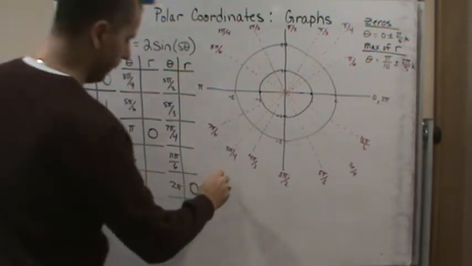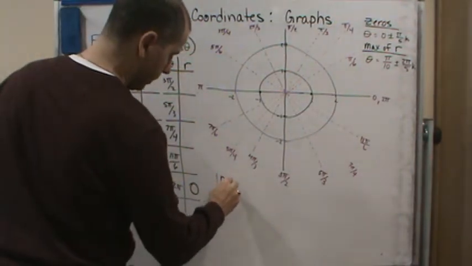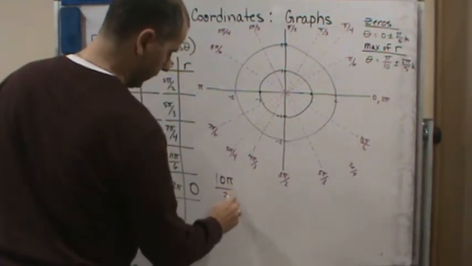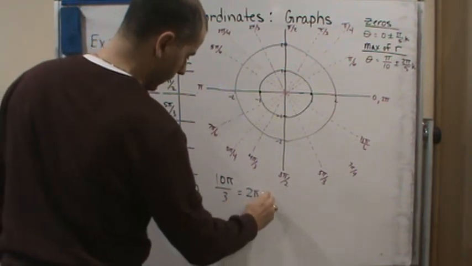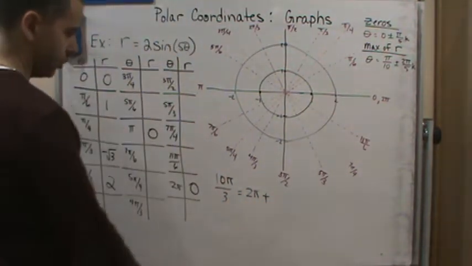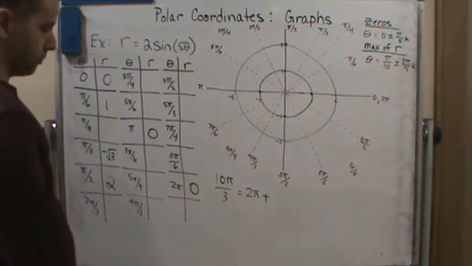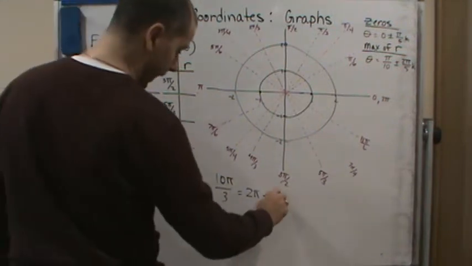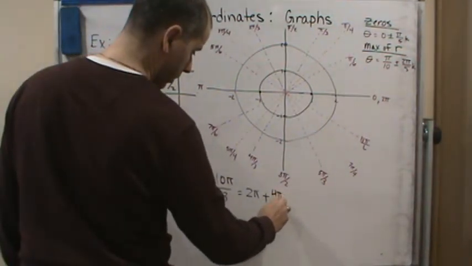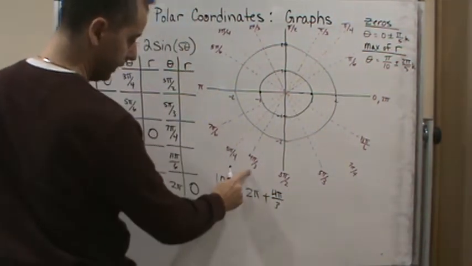Well, just think about it. So 10 pi over 3 is the same as 2 pi plus what? Well, 2 pi is 6 pi over 3, which leaves 4 pi over 3, which is right here.